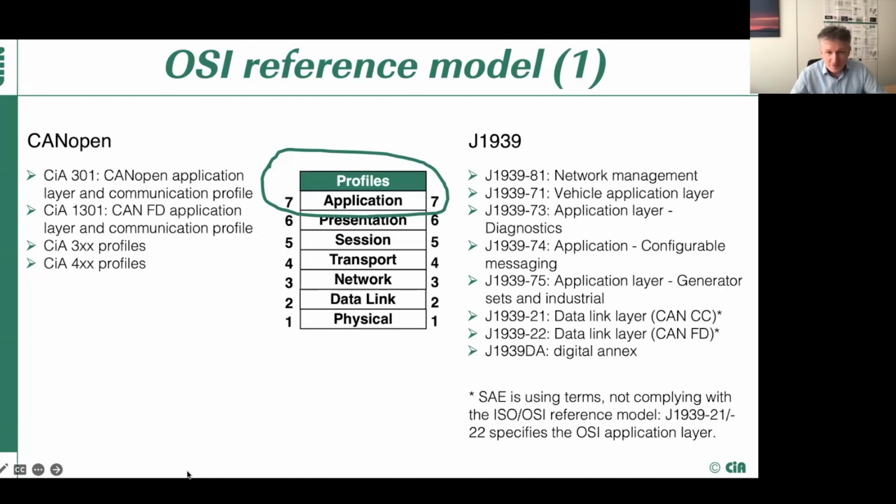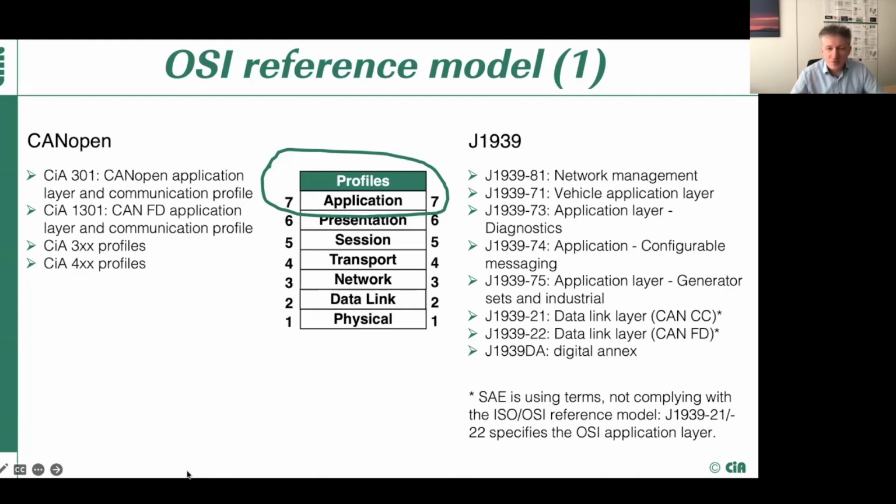So for the physical layer and data link layer, both CANopen and J1939 are, if not identical, using the very same protocols, which are also standardized. At least the data link layer, as CAN, is standardized in ISO 11898.